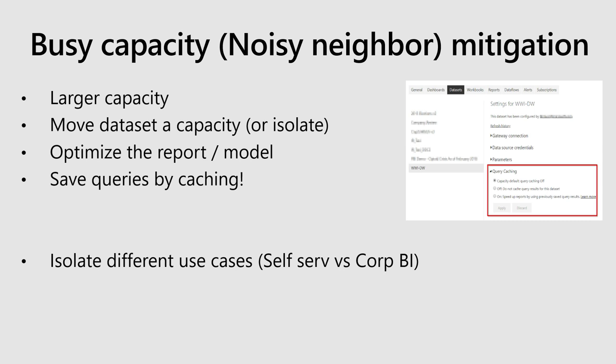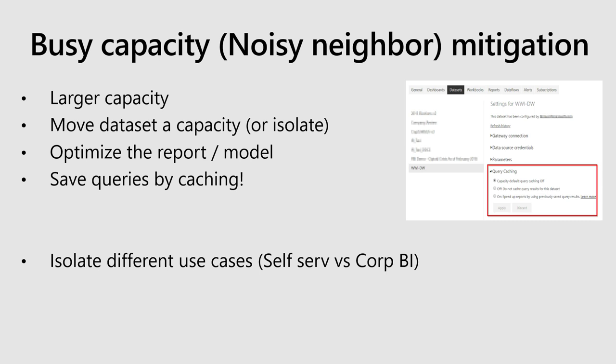So that last bullet is the best practice we showed in the session earlier today. In the self-service world, it's very easy for users to make mistakes in modeling and report design and generate too much load that will disturb the report that the CFO needs to look at.